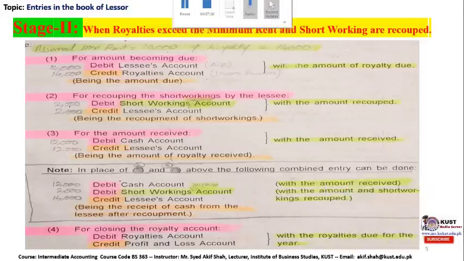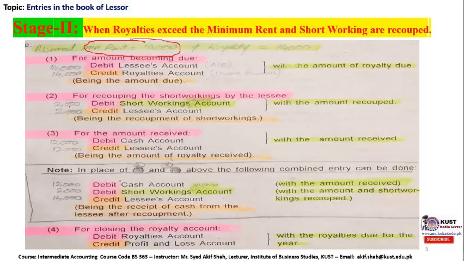Assume that the minimum rent decided between lessor and lessee is 10,000 rupees in the subsequent next year. This lecture is in continuity with my previous lecture, when I discussed the lessee's books of account and the lessor's books of account, when the lessee paid short working in the first year of operation.